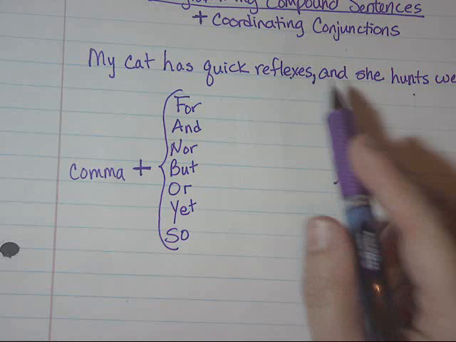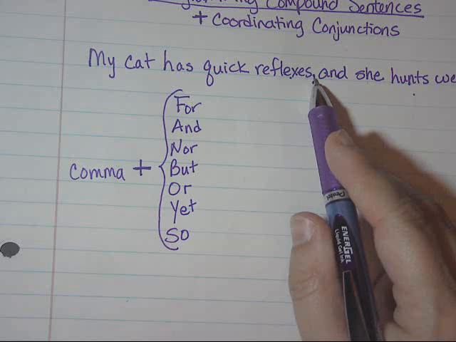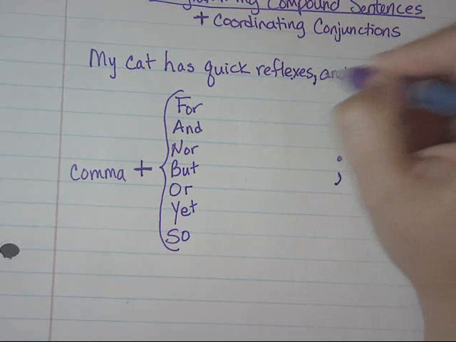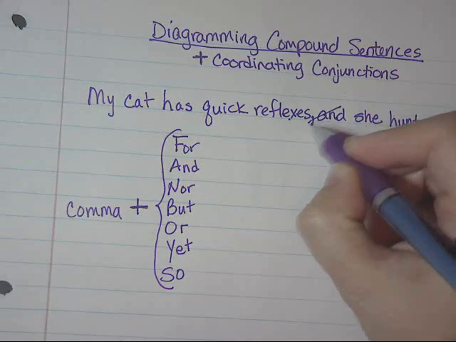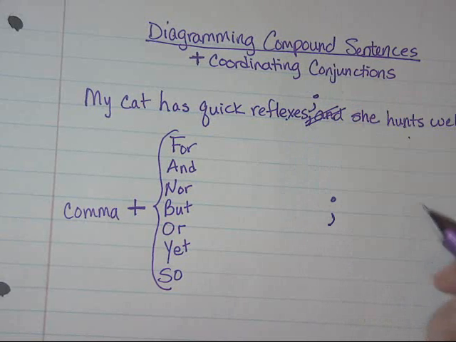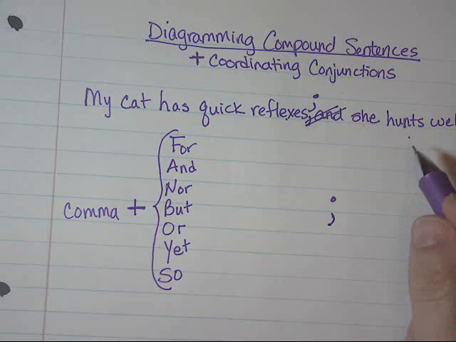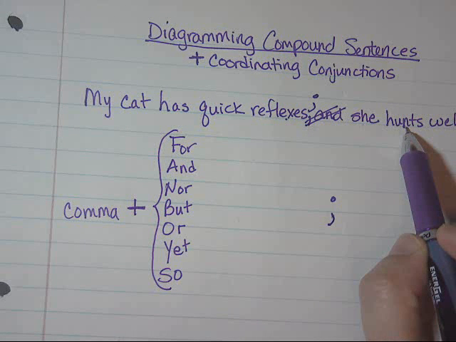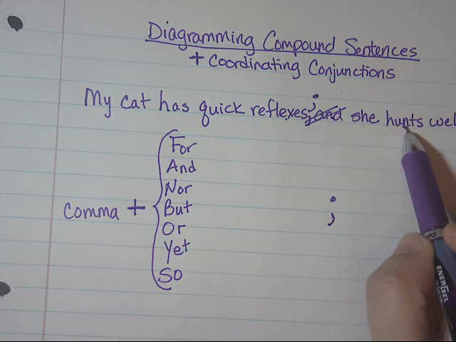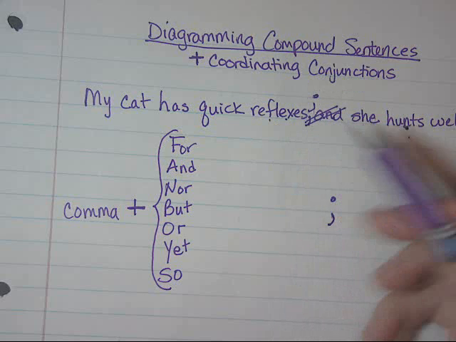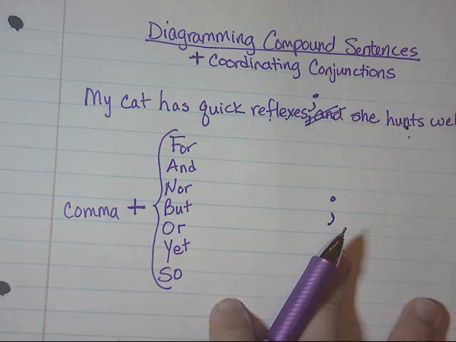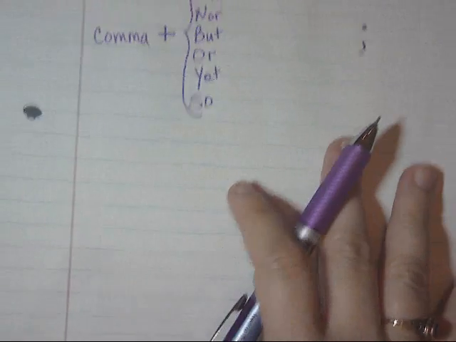We could, in fact, insert a semicolon in place of the comma and conjunction in the previous sentence without changing the meaning of the sentence. The fact that Stella hunts well, Stella is the name of my cat, is a result of her quick reflexes. So a semicolon would be an appropriate thing to use there. So let's get to the diagramming.